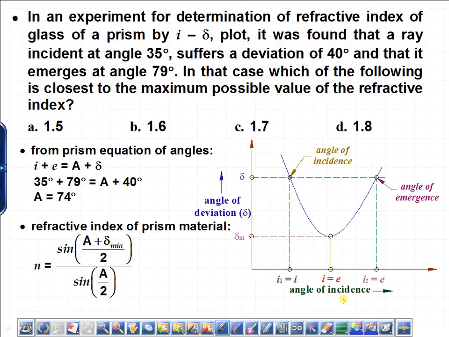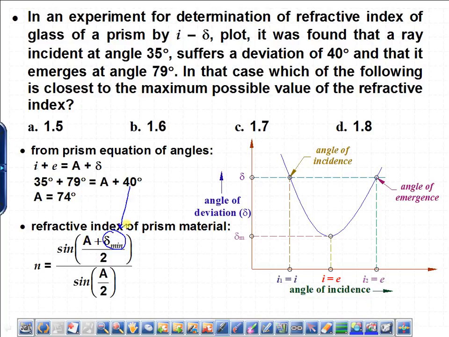This is the formula that we have. Now in this case, prism angle is known to us, that is 74 degree, and minimum deviation we have assumed to be 40 degree. It is to be made very clear that in this term, A is a constant value. Delta minimum we have assumed 40 degree, but it is lesser than that.